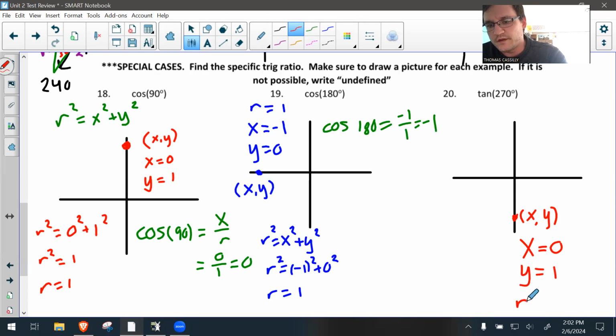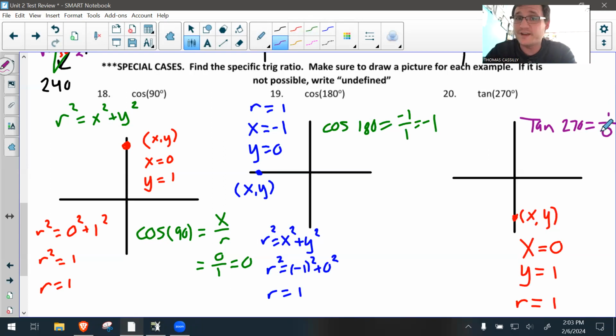And then r, in this case, I'm going to skip a step, but r is 1 here. So the tangent of theta, I'm running out of room. We'll say the tangent of 270 equals y over x. So y over x is -1 over 0. You can't divide anything by 0, so this one is undefined.